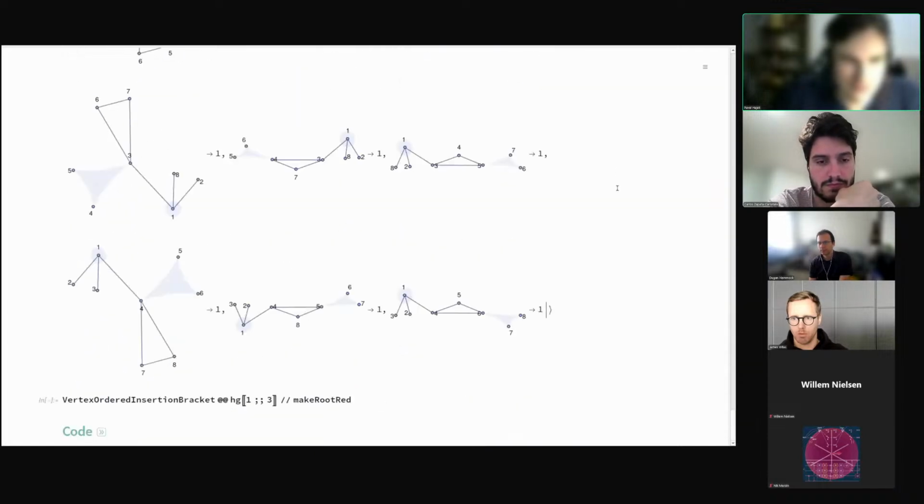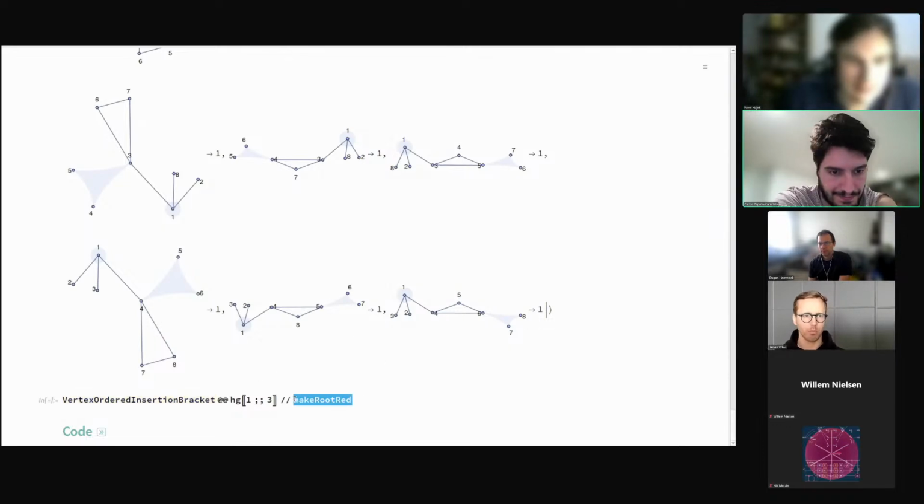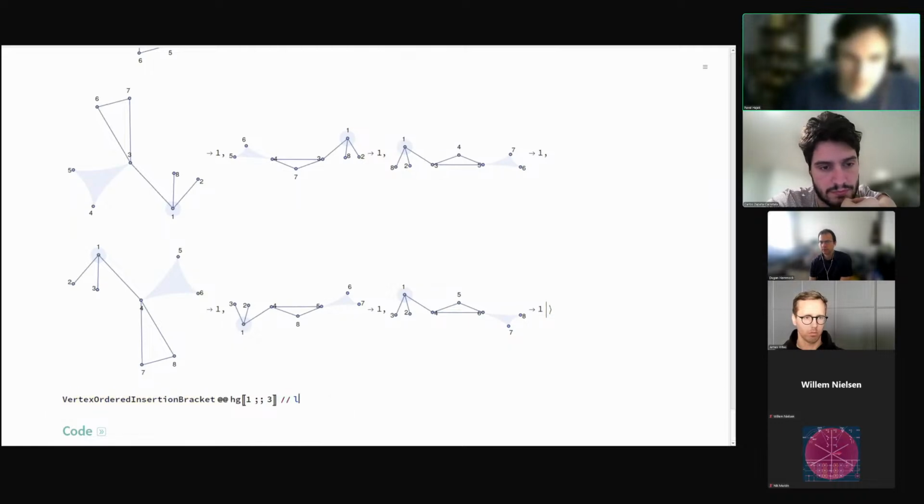So this is actually very easy, and here you can also compute another example.